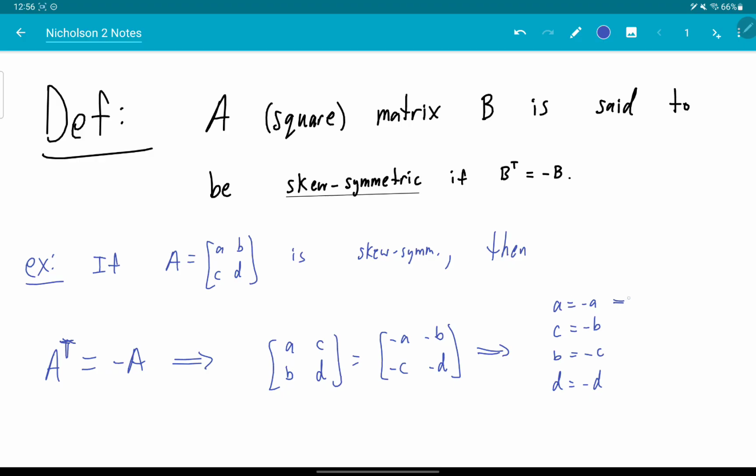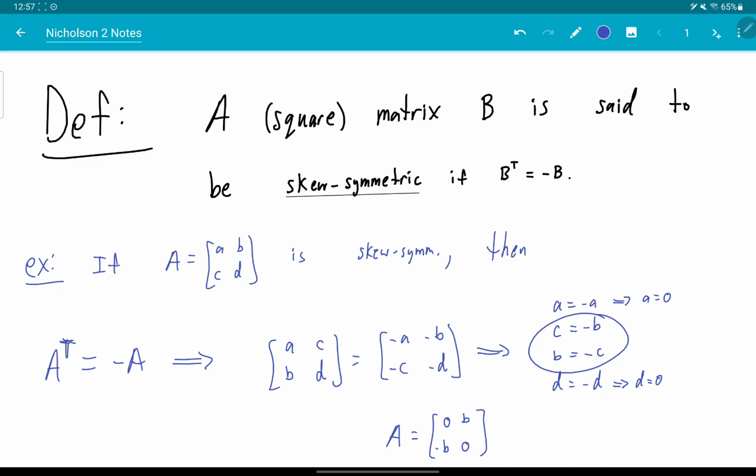Well, if a is negative a, that can only happen if a is 0, and similarly d is 0, and the more interesting equations are in the middle. So A has got to be zeros in the diagonal, and then you have a b and a minus b, like this.